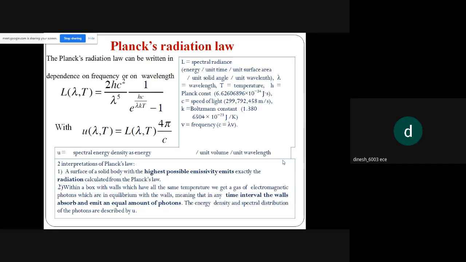In short, we can write the spectral energy density as u of lambda comma T, which is L of lambda comma T times 4 pi by c. There are two interpretations of Planck's law.